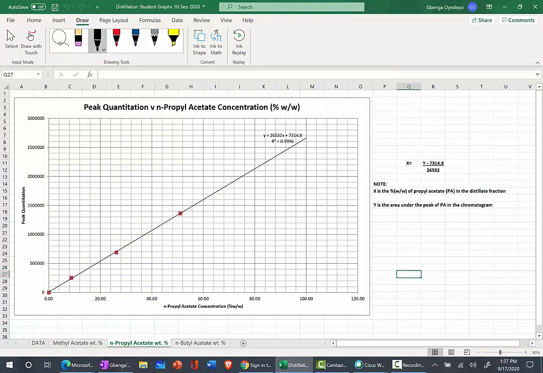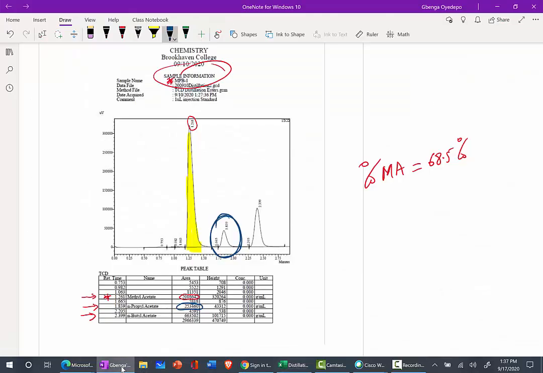For propyl acetate, I already rearranged the equation for you. I then will plug in the area in the position of y to find the percentage of N-propyl acetate. If you do that, you should get that the percent N-propyl acetate in standard number 1 would be 9.3%.